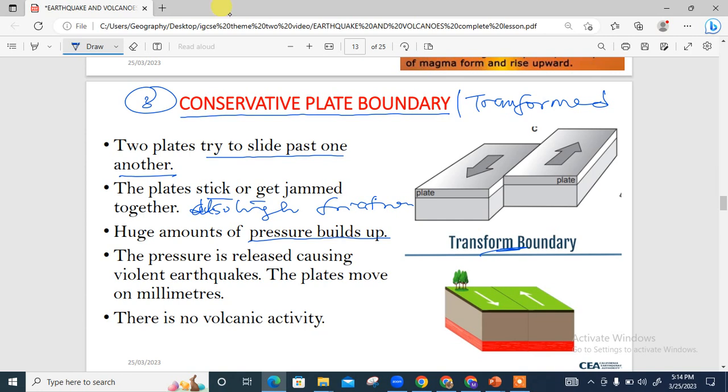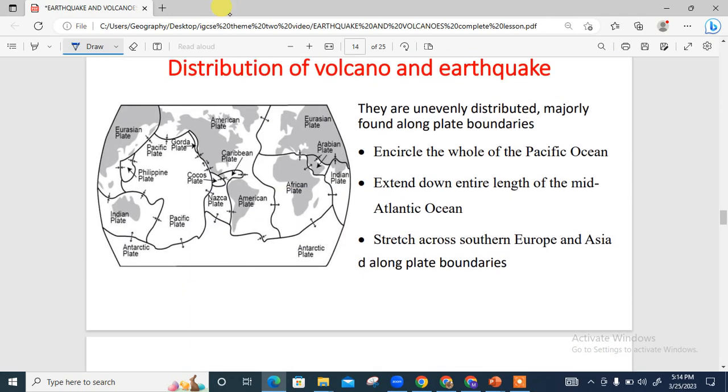Once the pressure is released, it usually causes a violent earthquake. These plates move on in millimeters. So you find out that there is no volcanic activity around transform or conservative plate boundaries, but it is the major cause of earthquakes.